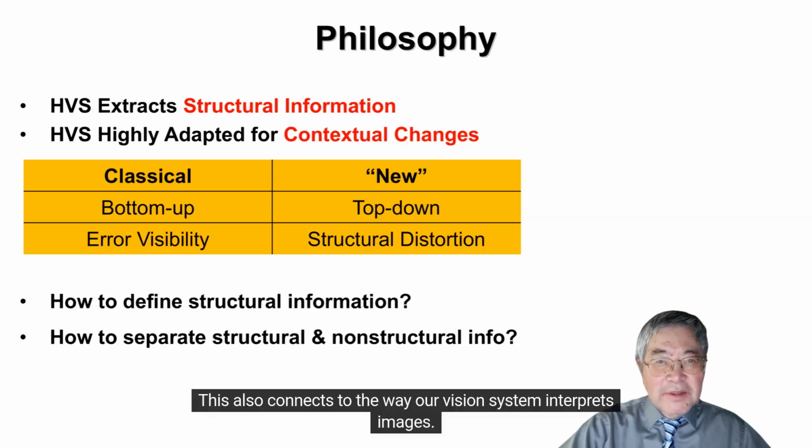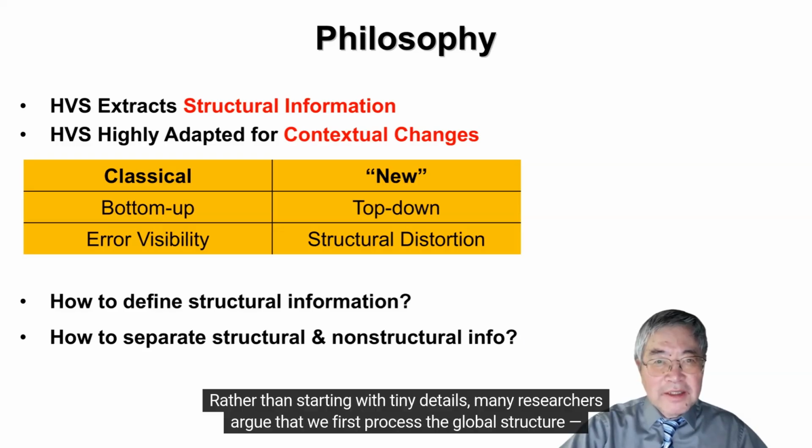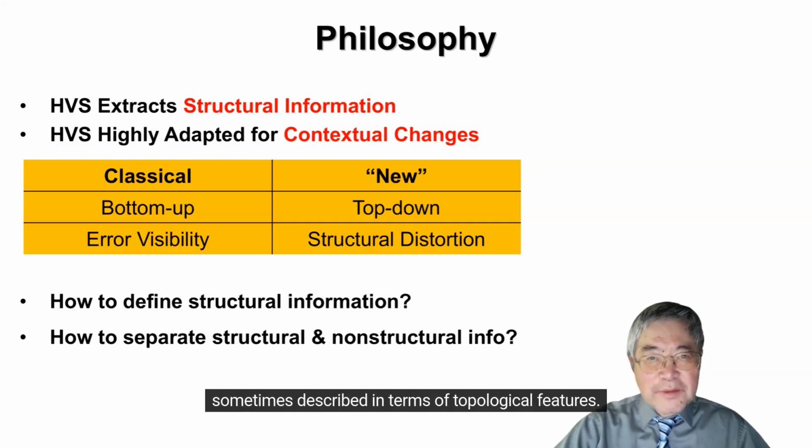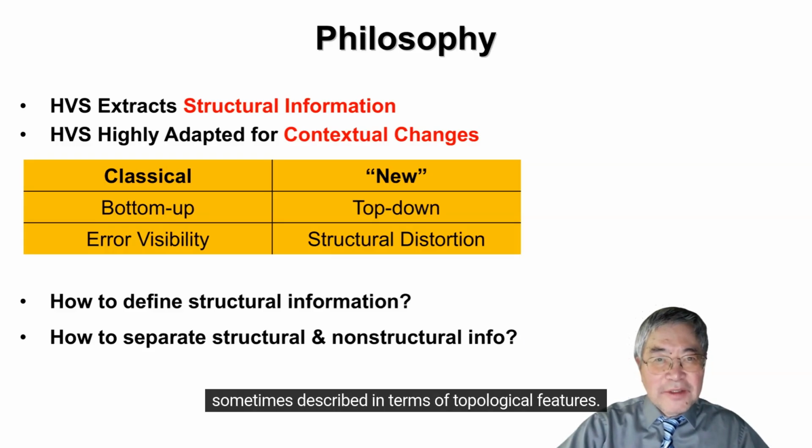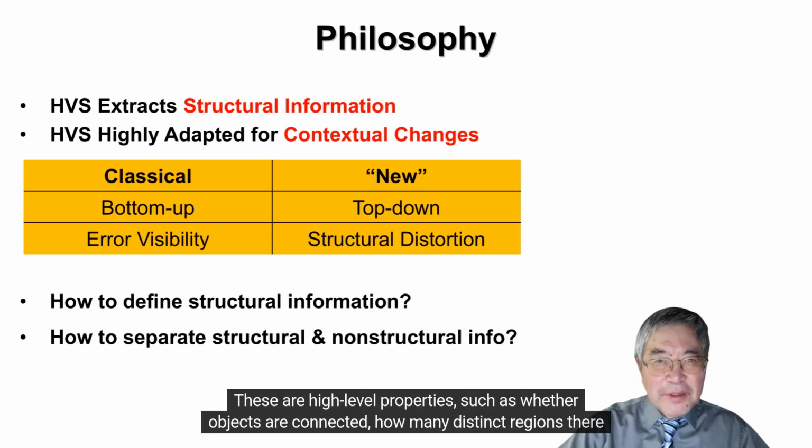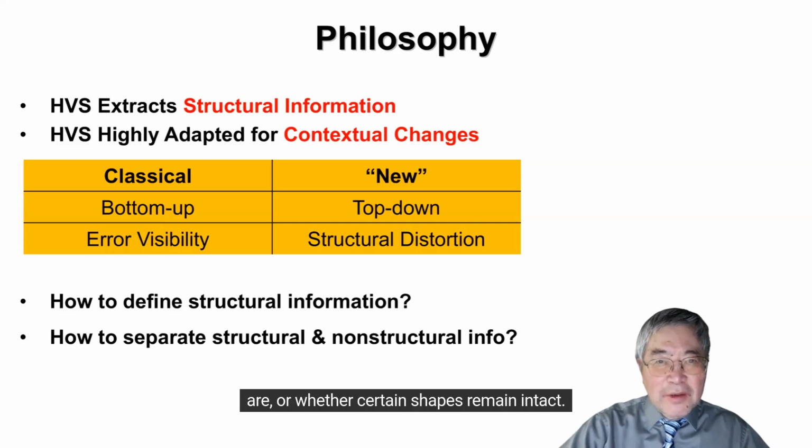This also connects to the way our vision system interprets images. Rather than starting with tiny details, many researchers argue that we first process the global structure, sometimes described in terms of topological features. These are high-level properties such as whether objects are connected, how many distinct regions there are, or whether certain shapes remain intact.